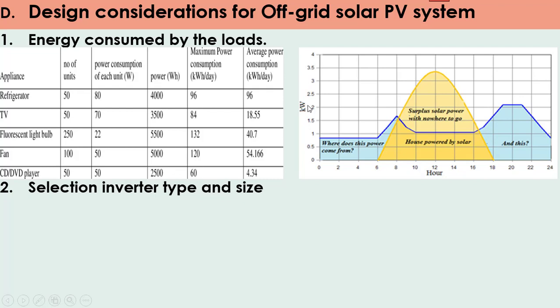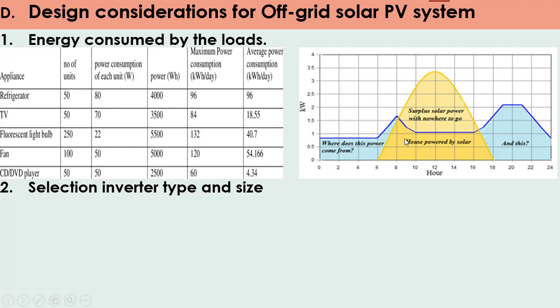As an example for this diagram, the sun will rise at 6 o'clock and continue rising until it reaches its maximum altitude in the sky, generating the most energy at noon time.